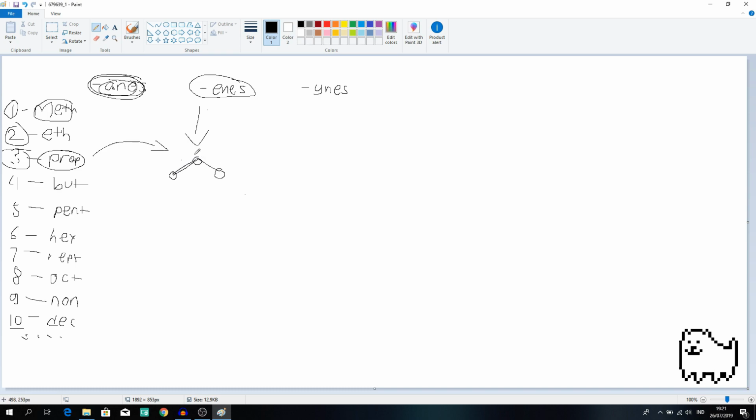So propene will simply be like that, while ethane is just one stick, one carbon here, one carbon here, and a single bond, while ethene will be 2 sticks, one on top of each other, and they're double bonded.